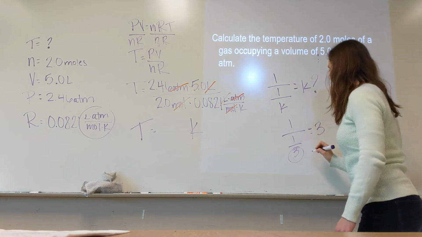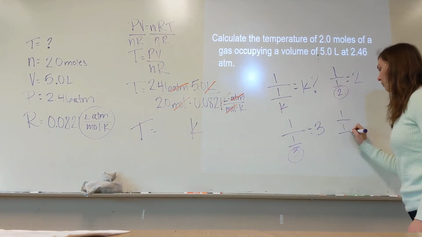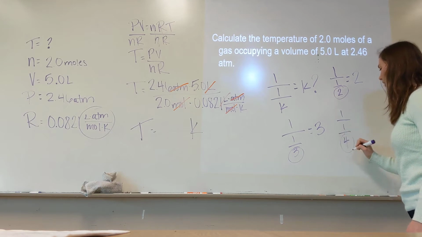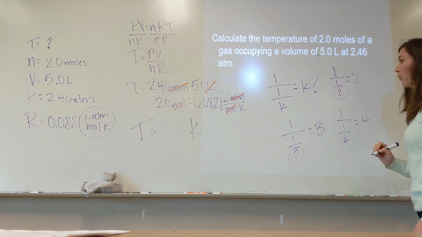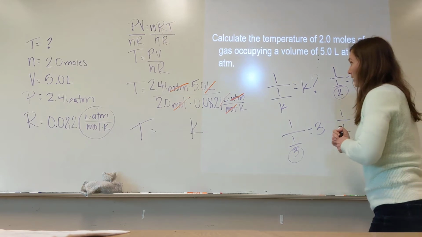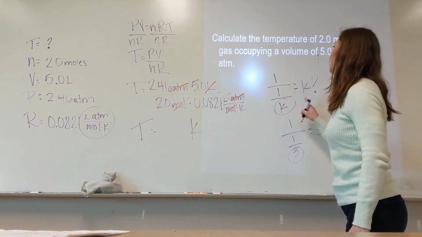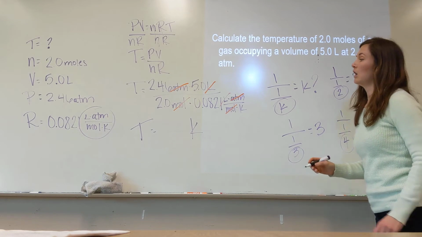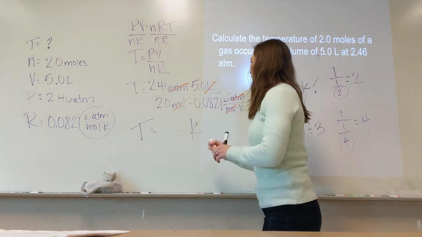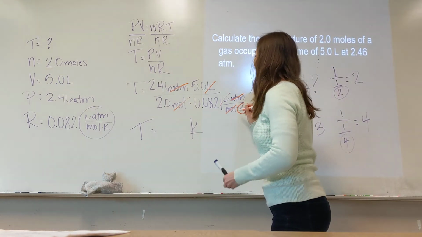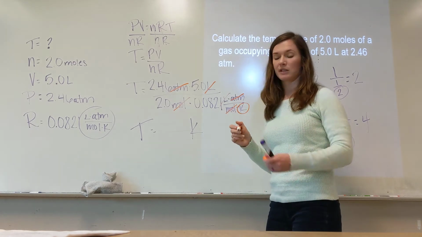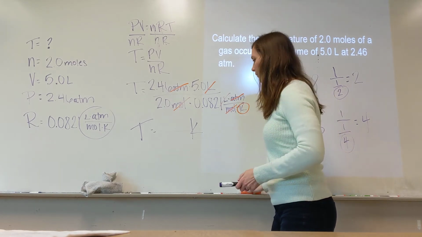Well, that's 3. And I can keep going. 1 divided by 1/4 equals 4. So yes, 1 divided by 1 divided by Kelvin does equal Kelvin. So Kelvin being located right here will ultimately cancel out to give me a Kelvin unit.